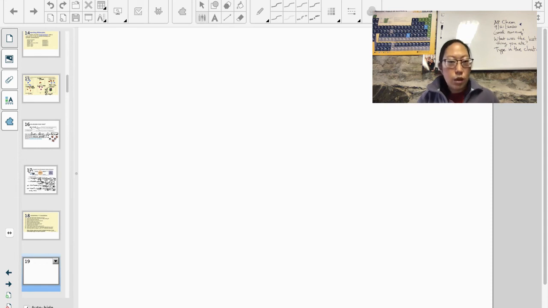Oh, and we have not finished because I see that there's one last problem, which I almost skipped. So atoms of oxygen in 2.34 times 10 to the 24 molecules of glucose, which is C6H12O6.